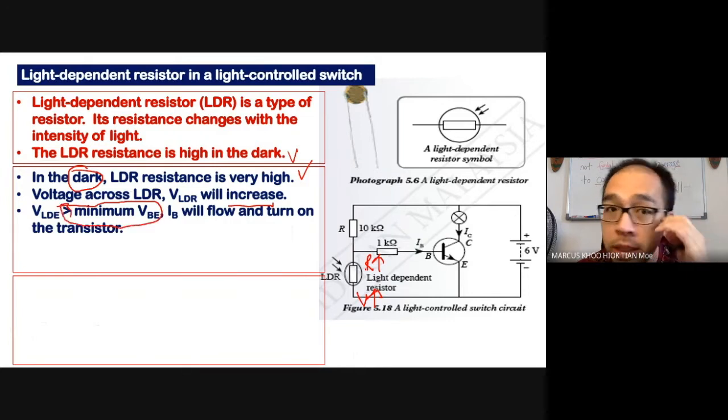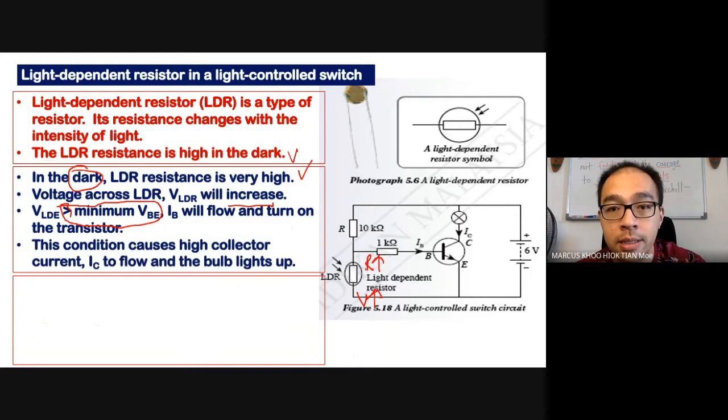And that's the only thing we want. We increase the resistance so that the voltage can increase melebihi the junction voltage, or the minimum base voltage lah. And so there will be current flow. And then the transistor will turn on, and this causes the collector current to turn on and the bulb will light up.